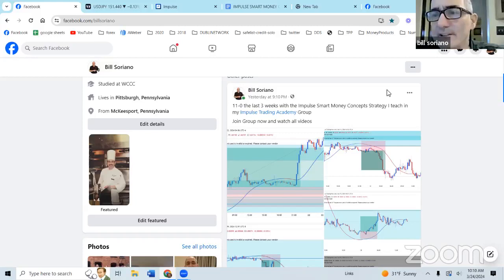Now, if you're in the United States and you want to take a challenge, you're going to have to switch out of MT4, MT5 as your trading platform, because most of these companies that do the funded challenges don't offer that anymore.